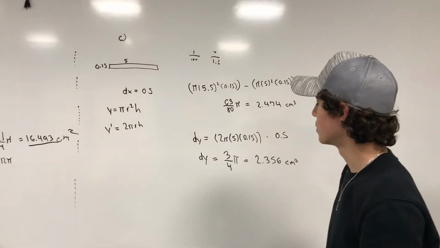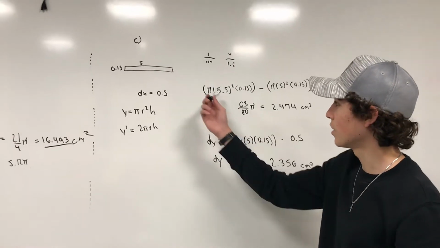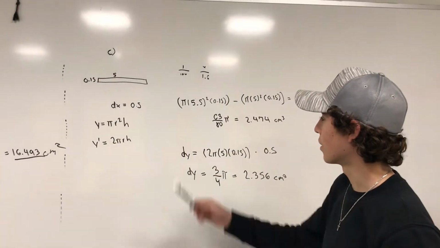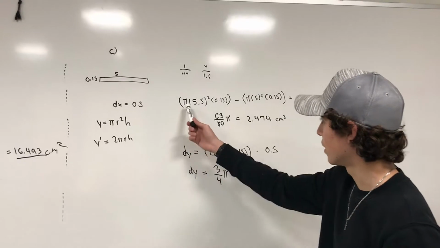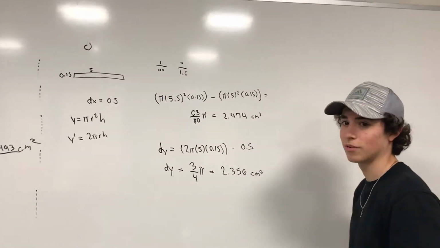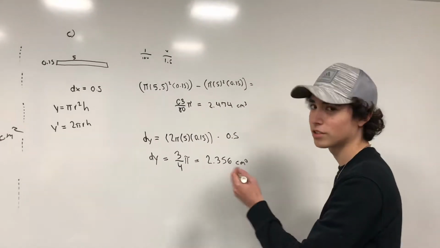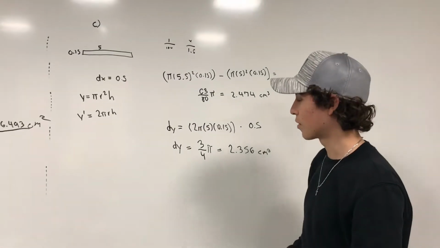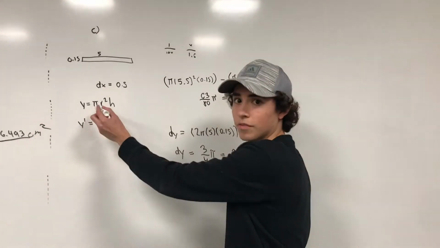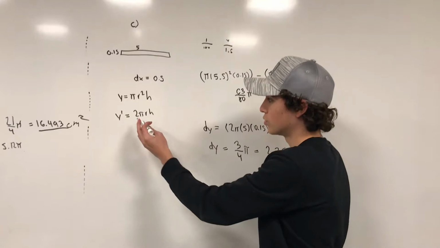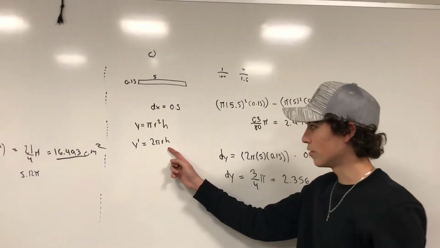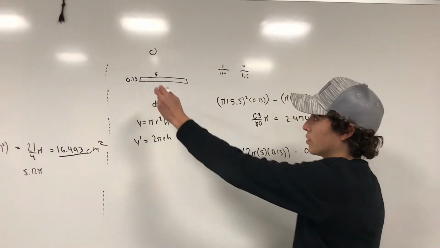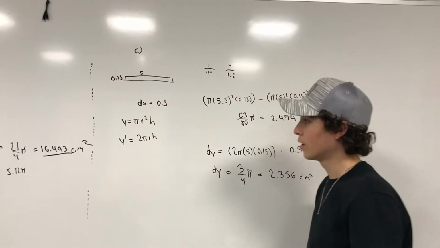And so then you plug in the x values in the equation, the bigger one first, and the answer is 2.474 centimeters cubed. That is the accurate change. And then to find the approximate change, we get the derivative of the formula, which is 2 pi r h, and h you leave alone because it is a constant value, since it will be the same for both x values.